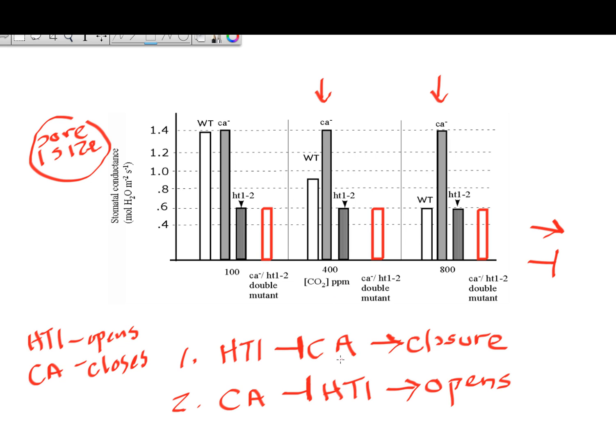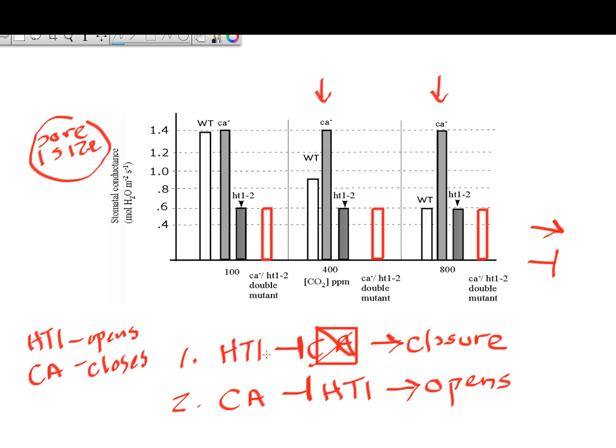What would the result be if I get rid of this gene, if the mutation is in the CA gene, so there's no CA? Well, with no CA, there's no closure, and so you're going to have open stomata.